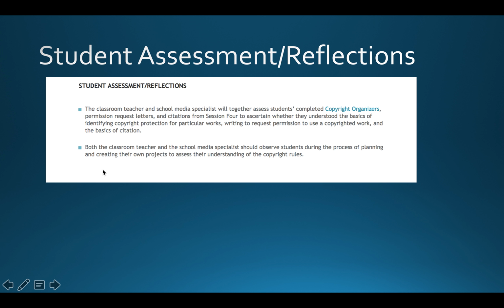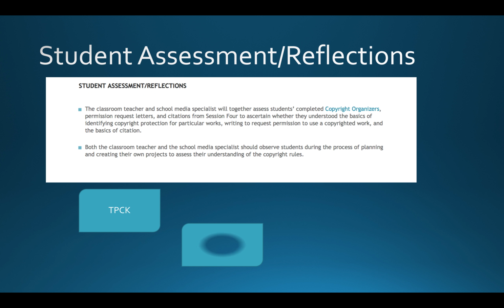So for student assessment and reflection, going over this, I did see some CTPCK in the first point, just because you're having to know how to assess these kids. So right immediately there, that's the pedagogical knowledge of knowing how to assess your students, and then incorporating the technology knowledge with that. So did they use the technology correctly? And then incorporating the content knowledge by assessing whether the kids understood the content and if the kids can actually produce the same content that I would be aware of as a teacher.